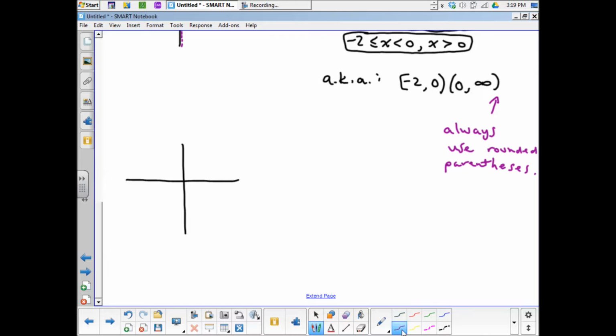This graph looks like this. Something interesting just happened right there at x equals 4. Alright, so what is our domain? Well, our domain is basically all x less than 4 and all x greater than 4.